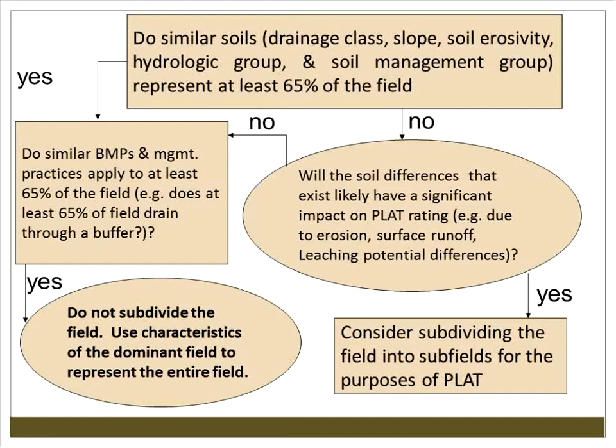If, however, the soils are dissimilar, will they have a significant impact on PLAT, erosion, runoff, etc.? If you don't think so, again, this field can be managed as an entire field. If you think there are going to be very significant differences, then you may want to divide it. But again, this is going to have to be a discussion between you and the producer to see what he or she is willing to do.